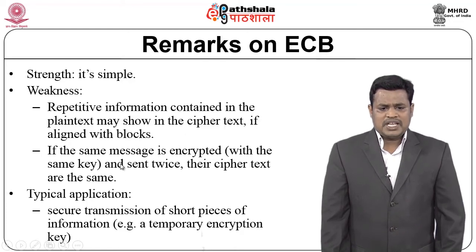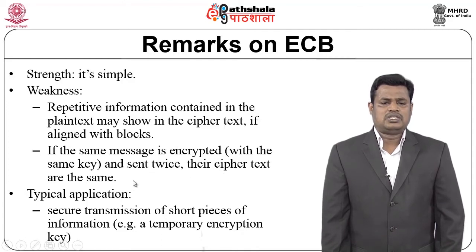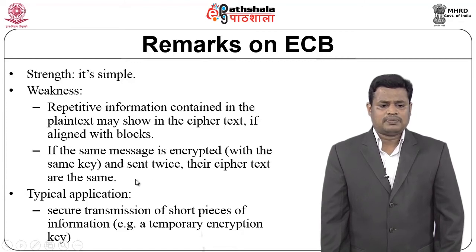If the same message is encrypted with the same key and sent twice, their ciphertext is the same. This is where we want to introduce the nonce, or the initialization vector, but here ECB is not using the initialization vector. So if the same message is encrypted with the same key twice, the ciphertexts are going to be the same.